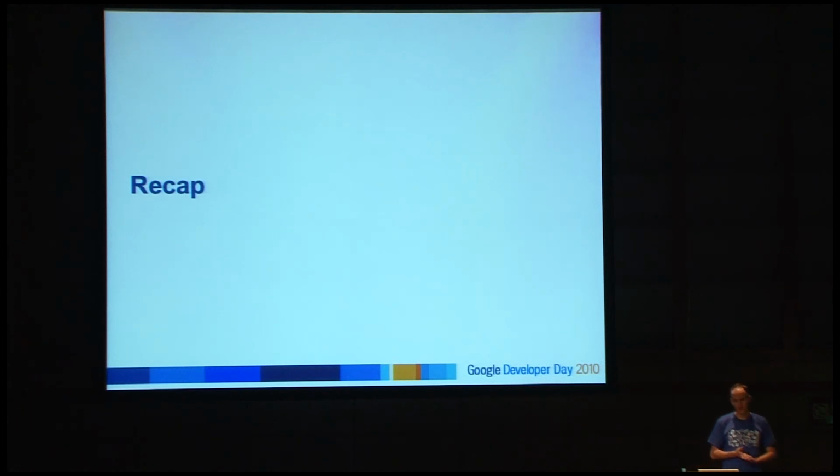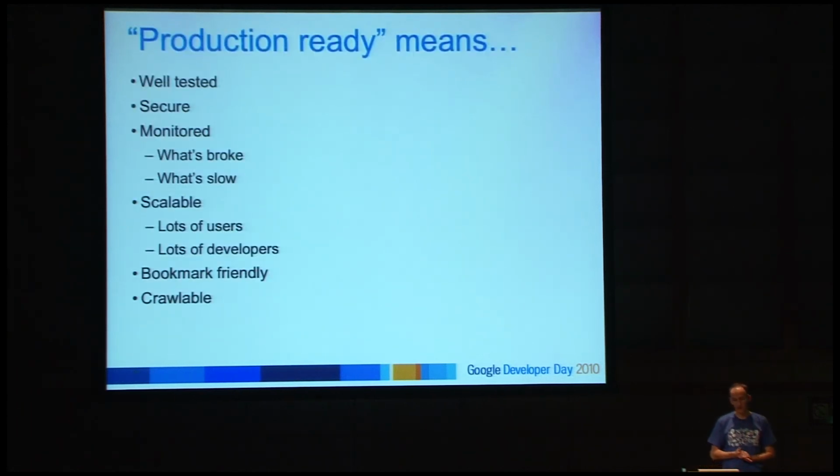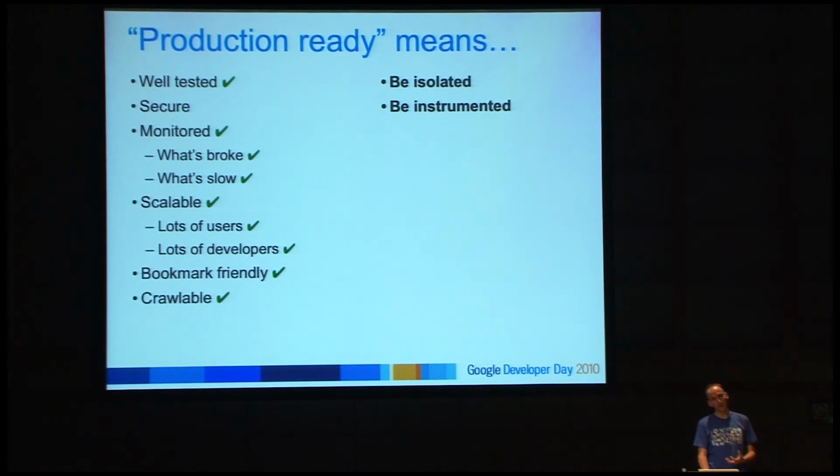So, to kind of recap, production ready means a number of things. But ultimately it's to be isolated, isolate different pieces of your code, be instrumented, understand what your users are doing, what features they're using, and what performance they're seeing, and be suspicious.